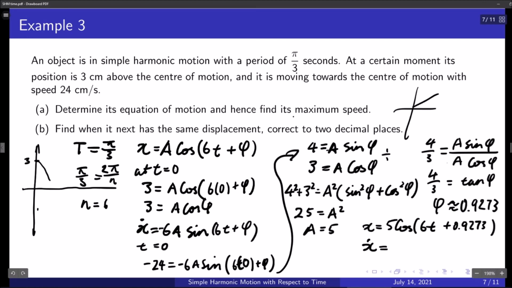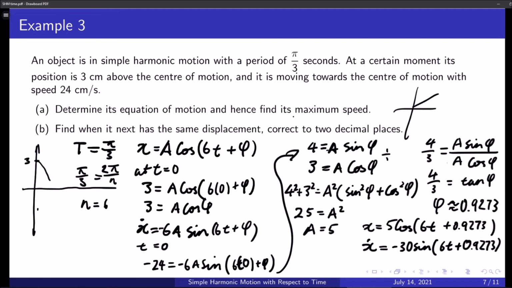So x dot equals negative 30 sine (6t + 0.9273). That's it. So now we have the equation of motion.